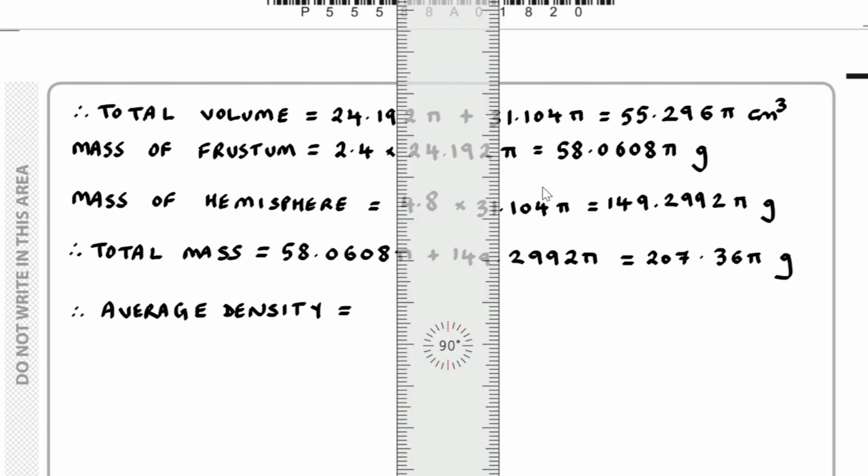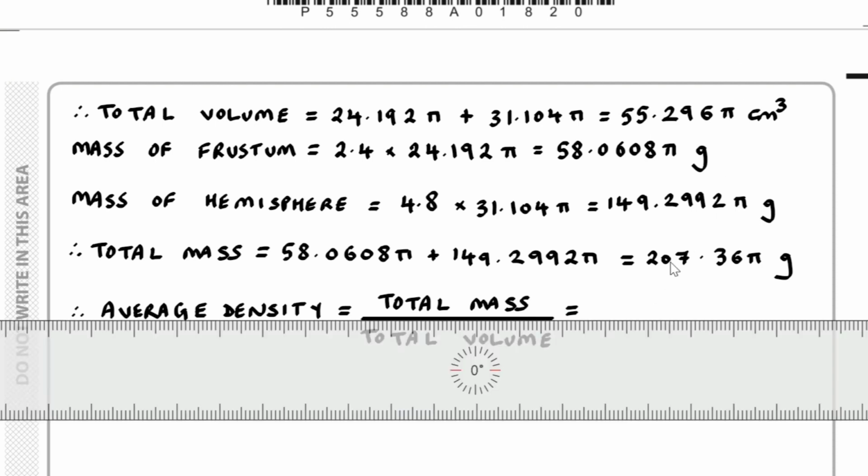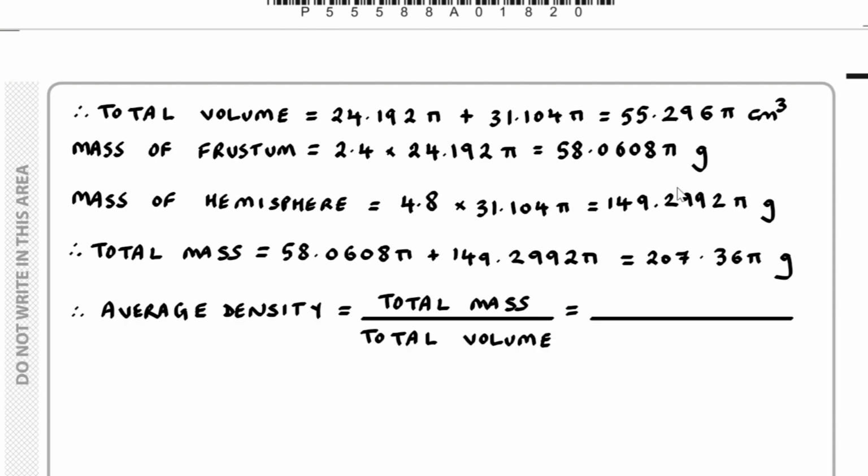We can do this by the total mass divided by the total volume. So I've got the total mass 207.36 pi grams, and the total volume 55.296 pi centimeters cubed.